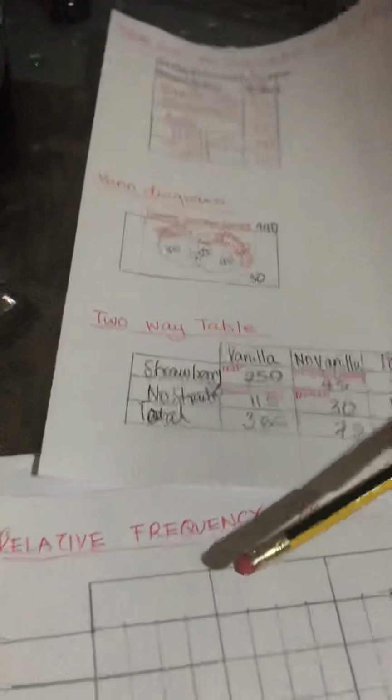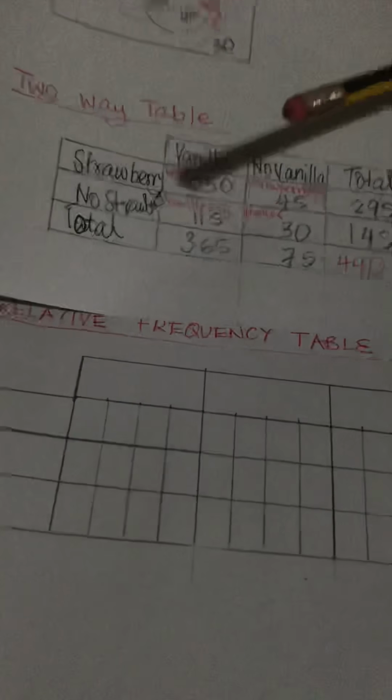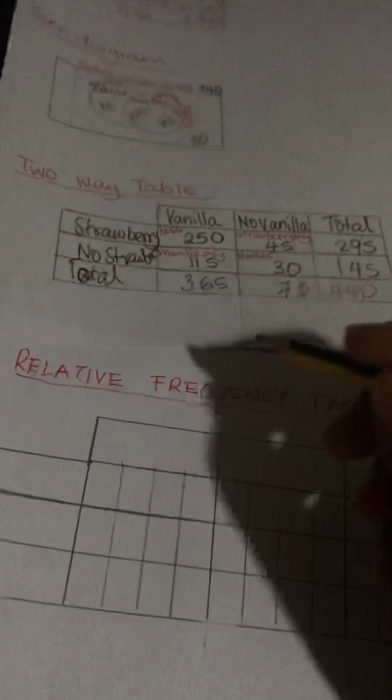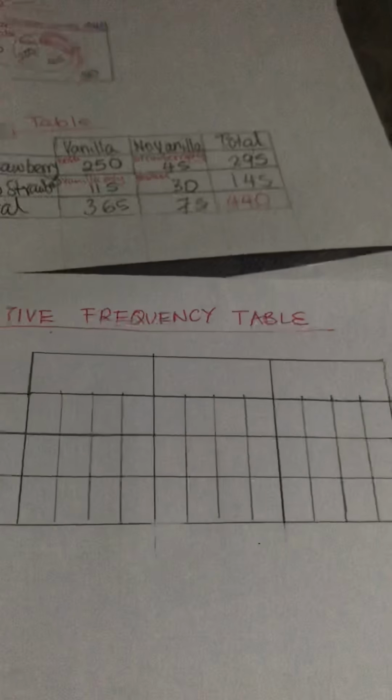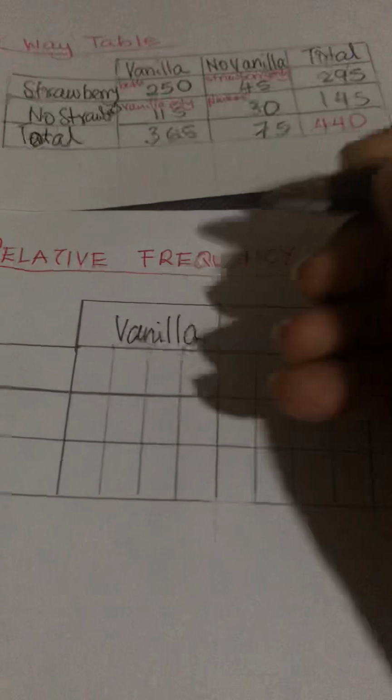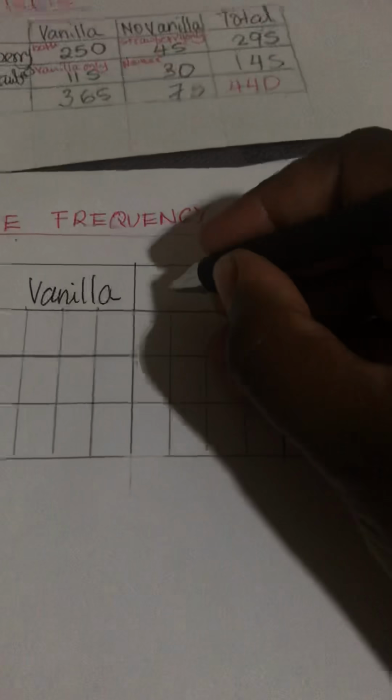Okay. Now, so you filled your two-way table. Now you're going to do your frequency table. So from the two-way table helps you to do the relative frequency table. You label, just like you label everything I say in math. Vanilla, no vanilla.